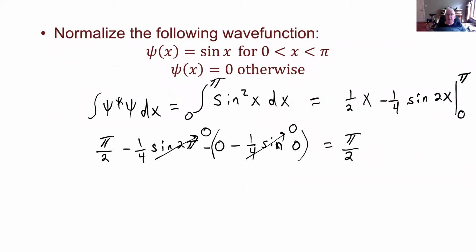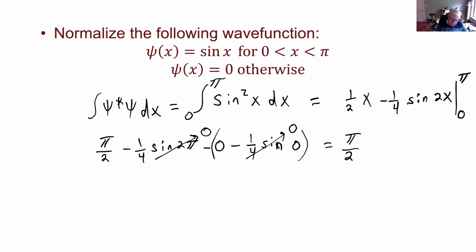So my normalization condition says I need this integral to be equal to 1. Right now it's equal to pi over 2. So what that says is I need to multiply the integral itself by 2 over pi. The integral is the integral over psi squared, so I want to multiply psi by the square root of that, right? I needed a normalization constant out here.